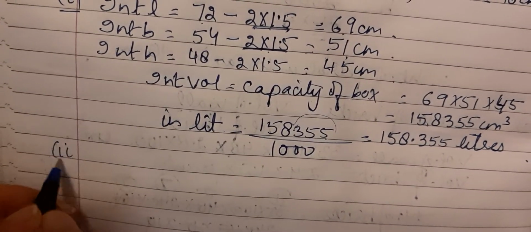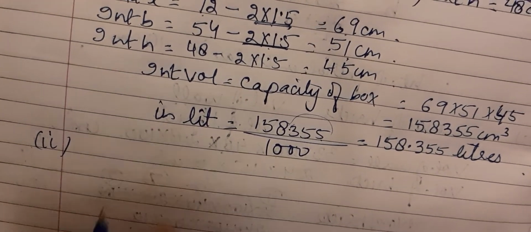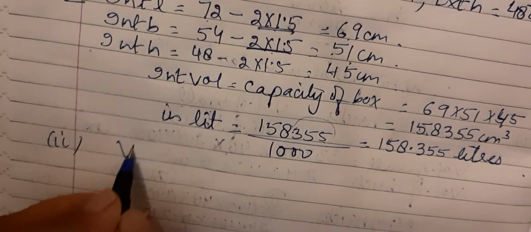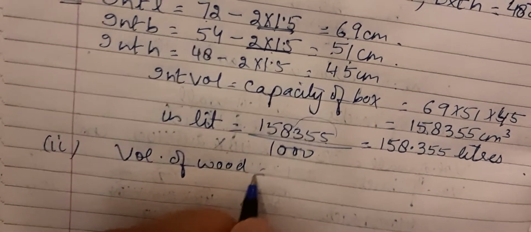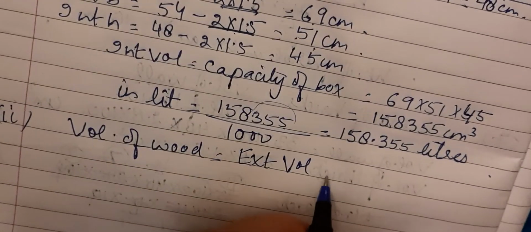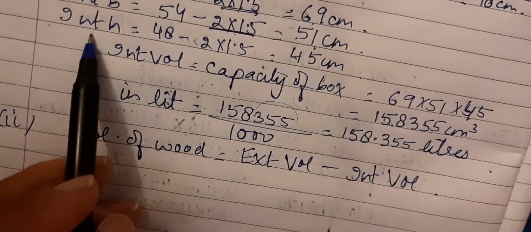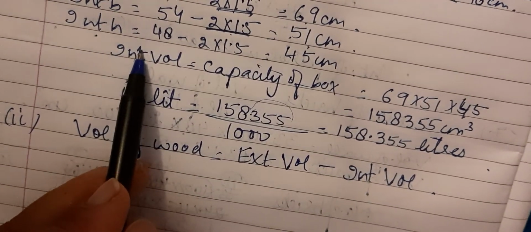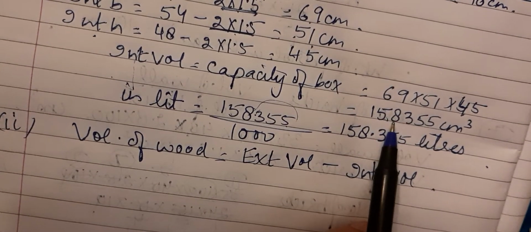Now second part says to find the volume of wood. Now to find the volume of wood, formula is the external volume minus the internal volume. Internal volume we have already calculated as 158355 centimeter cube.